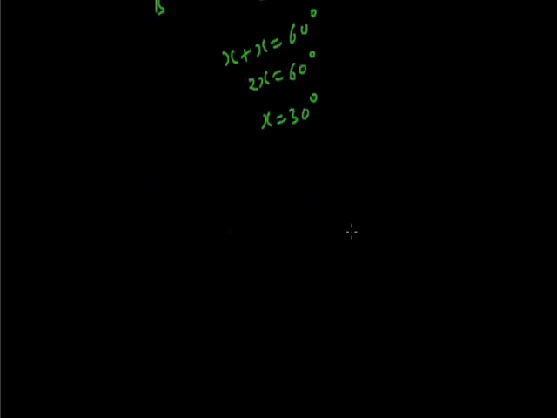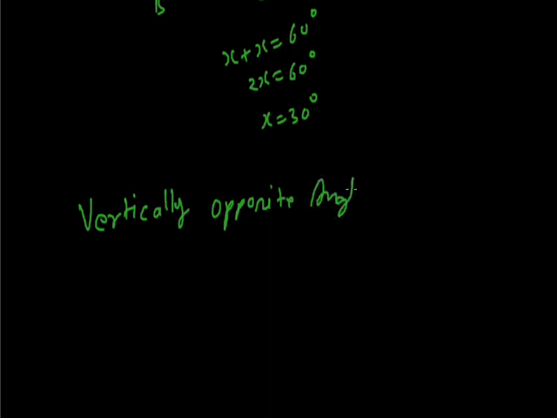Now the next type of angles is vertically opposite angles. What do you mean by vertically opposite angles?